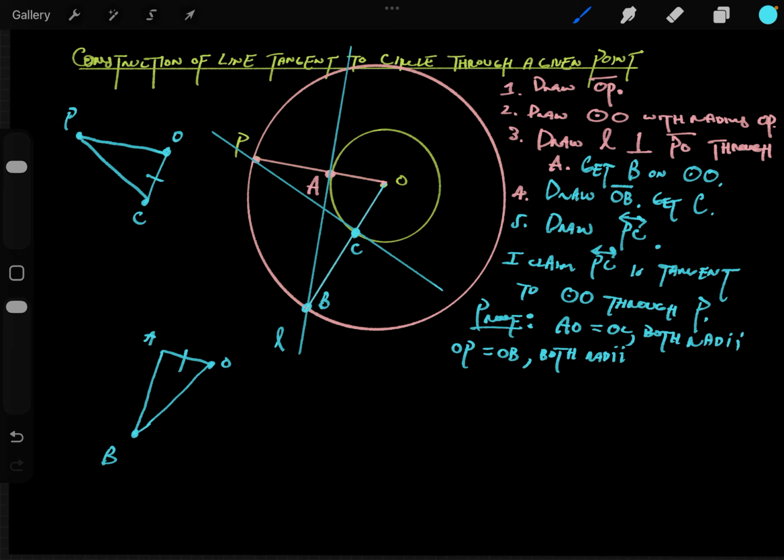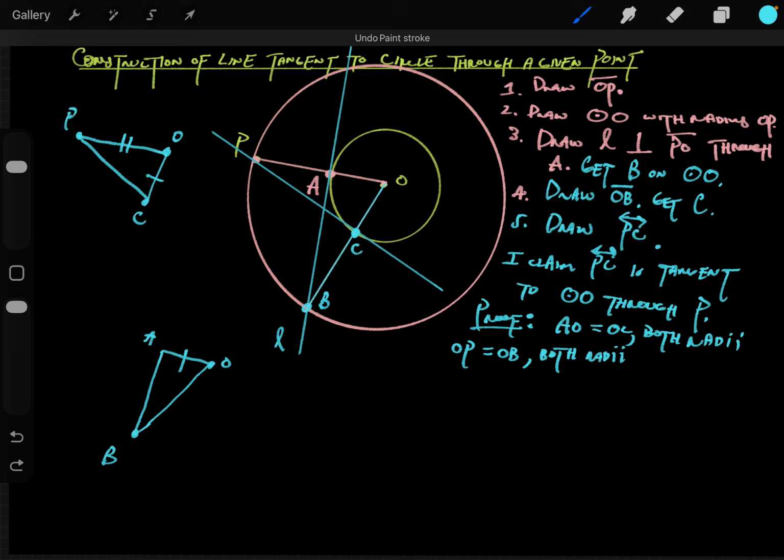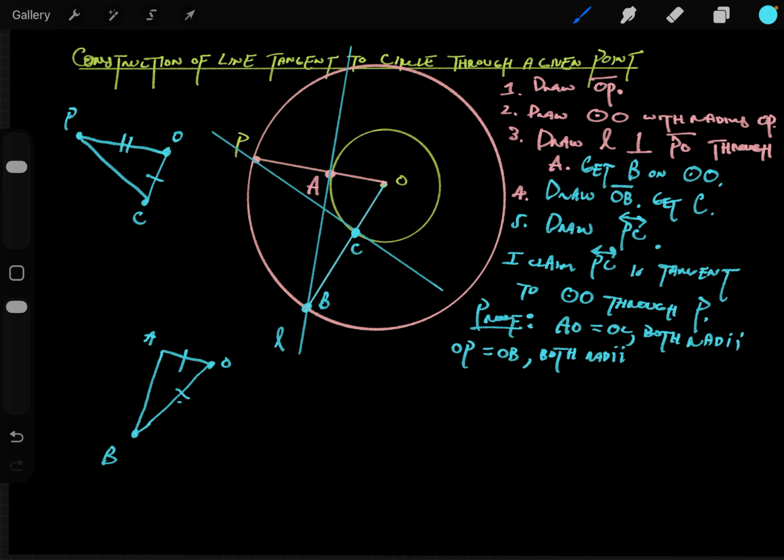And then this is the same thing as this. Oh, wait. Did I mess up? PO and OB. Yep, I got to put that at the right tick. There we go. And then let's look at AB and PC.